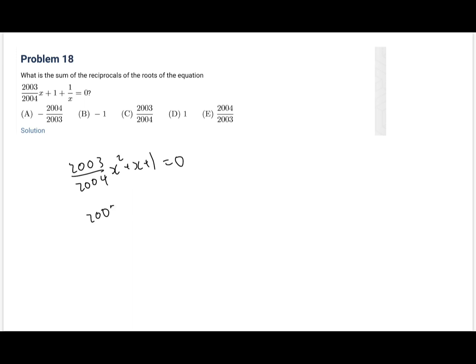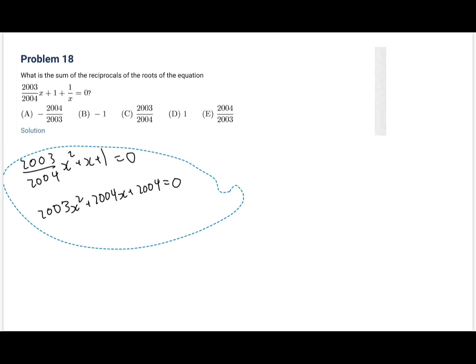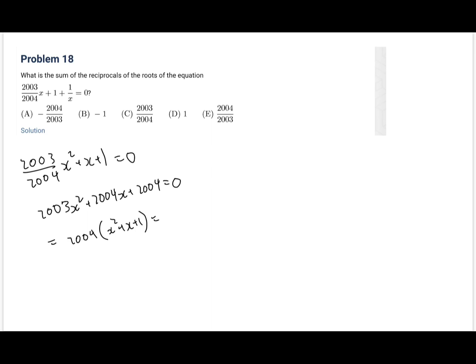So 2003 x squared plus 2004 x plus 2004 equals 0. So we don't need this.